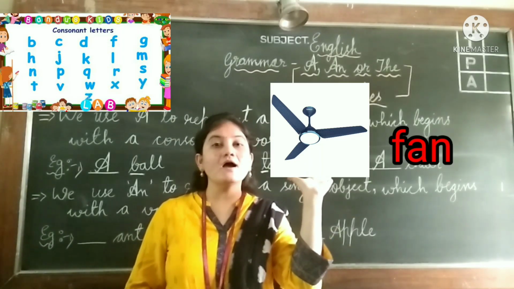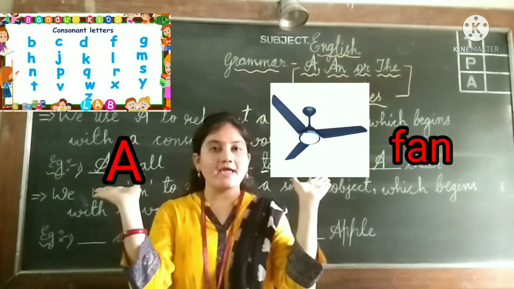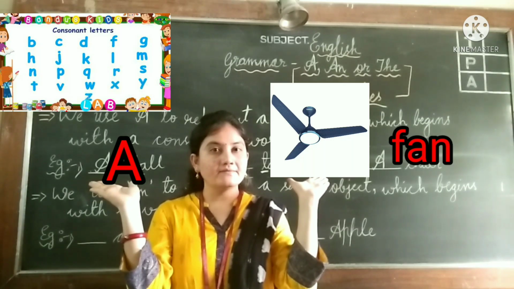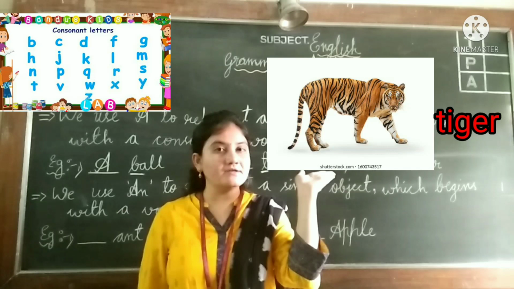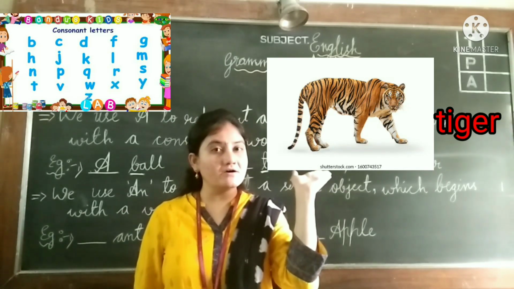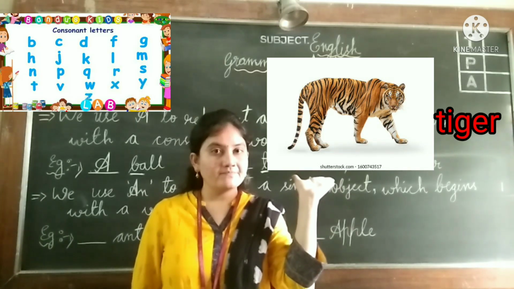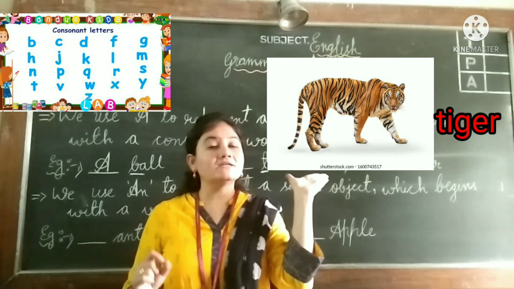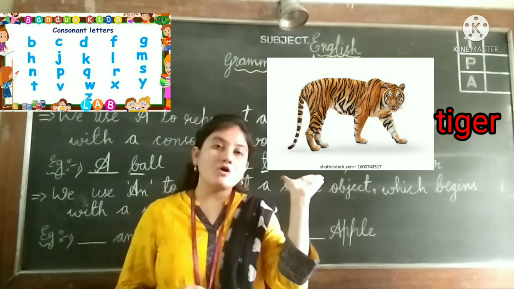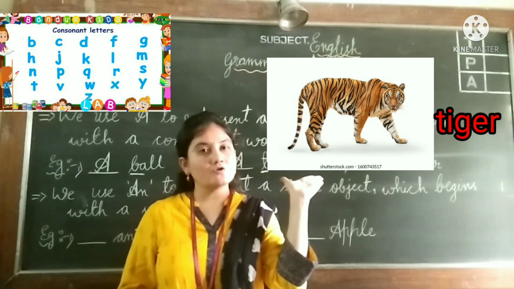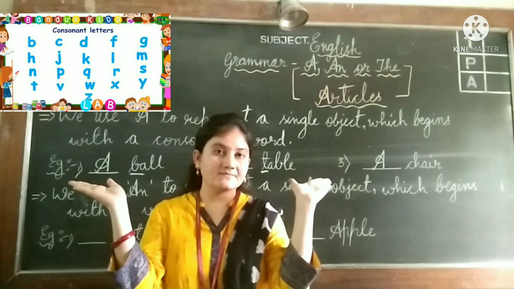Yes, F is a consonant letter, so A fan. Next, can you tell me what the picture is, children? Yes, tiger. The word tiger begins with the letter T, which belongs to consonant letters, so we'll use A tiger.